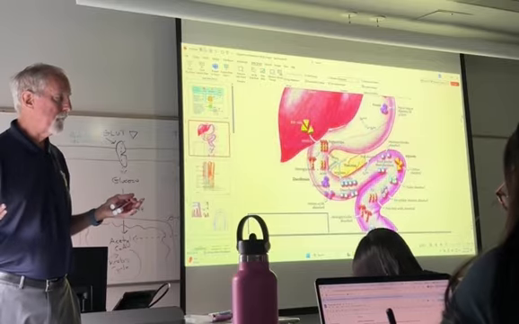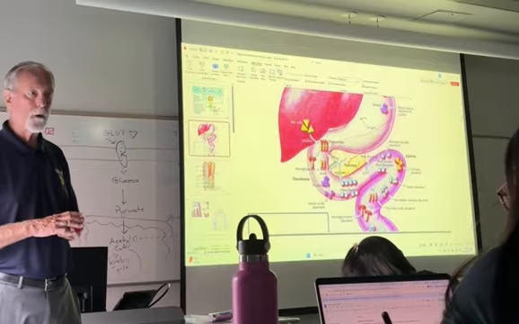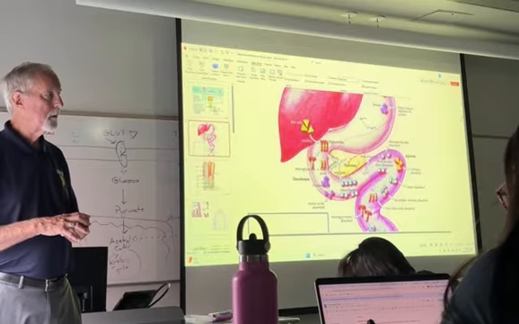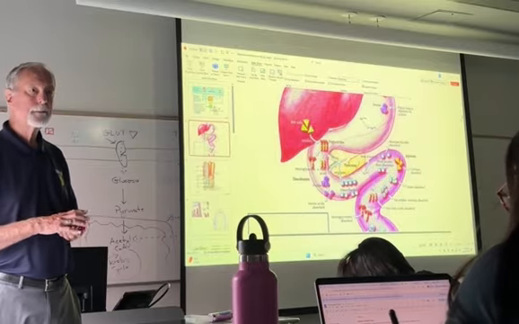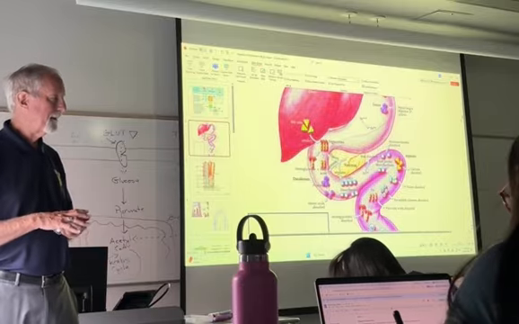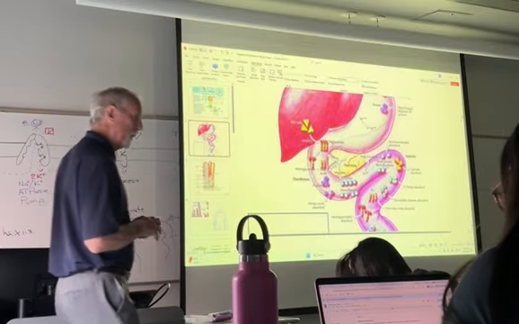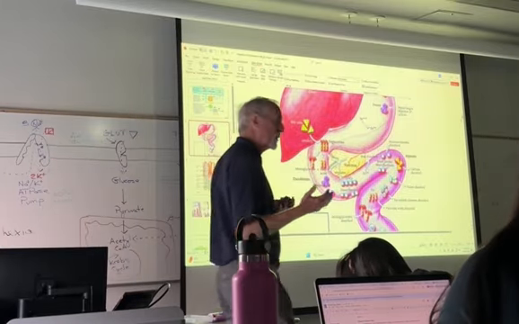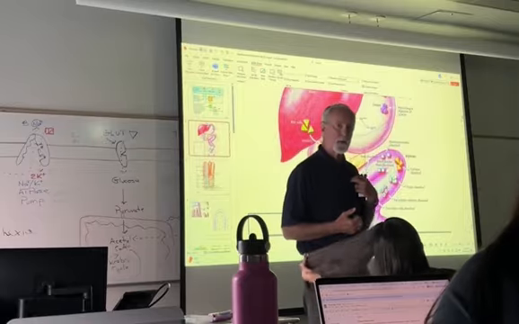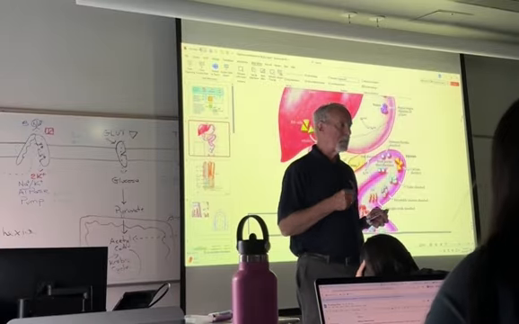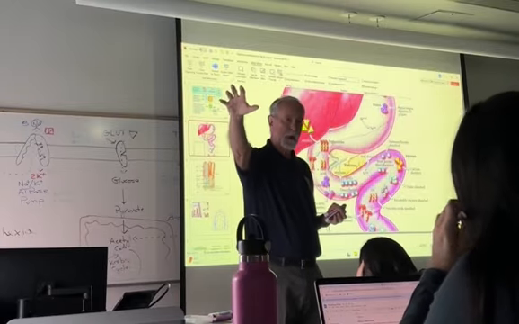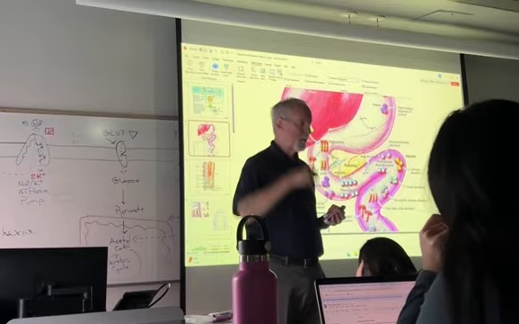What's the word that I've used to describe the machinery of cells? Nobody? Anybody? Proteins. Proteins are the machinery of cells. So what are we going to do with these amino acids? We're going to absorb them in the blood, and then we're going to take those amino acids and transport them to cells.